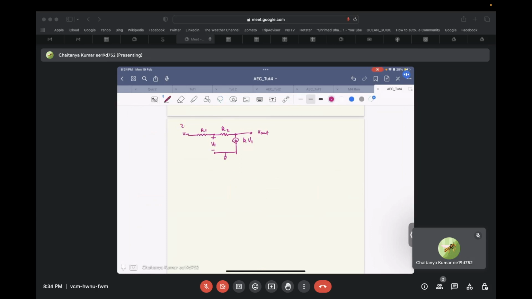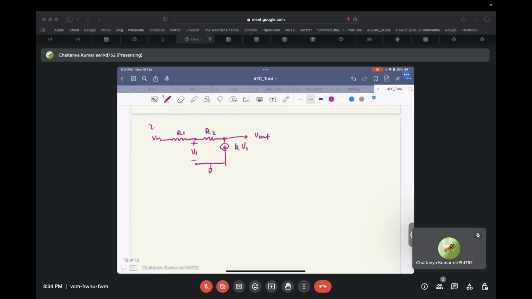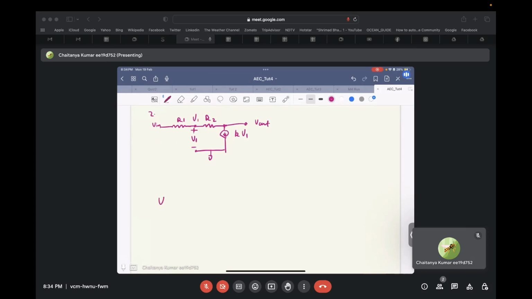In this circuit, node V1, so the current that will be flowing from this R1 R2 network, let's call this I1. So I1 is equal to Vin minus V1 upon R1 plus R2.